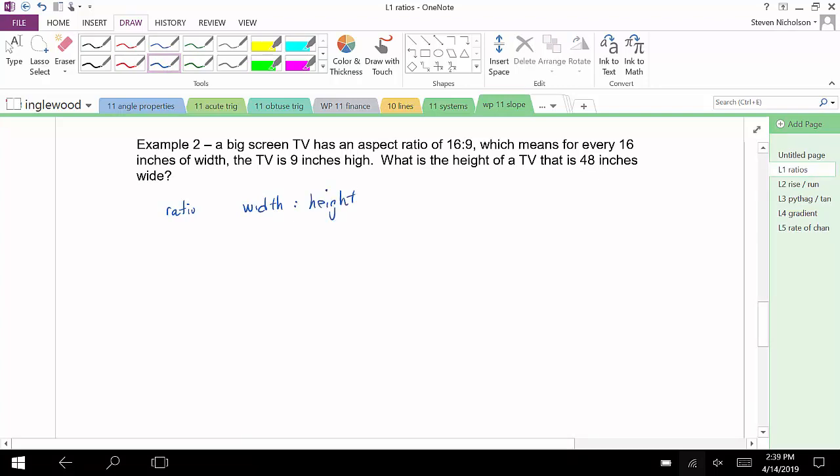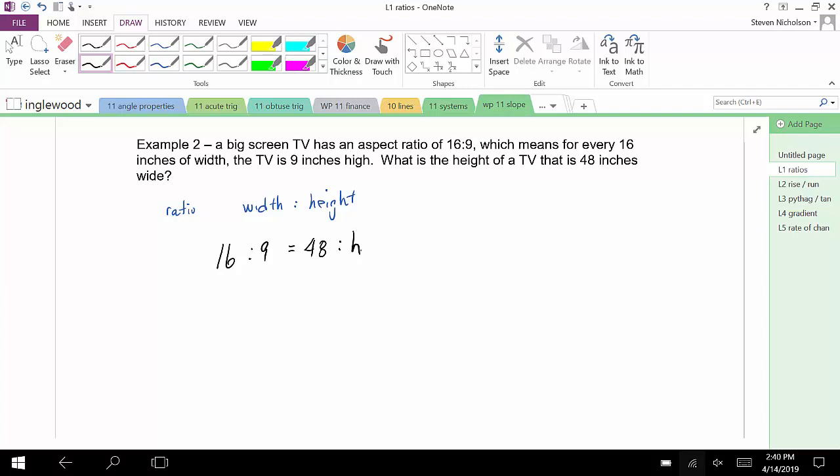So we have our base ratio, 16 to 9. And really what we want to know is if we have a 48-inch TV, what is the height?